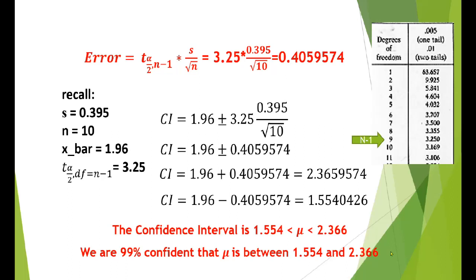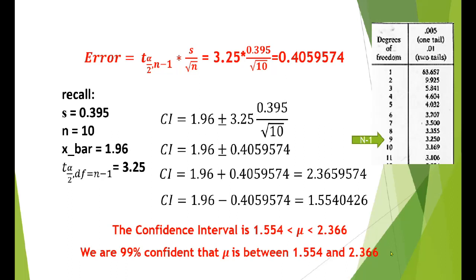The confidence interval, remember, is going to be plus or minus. It's going to be the mean of our sample, 1.96, plus the error on the right boundary and minus the error on the left boundary. So the confidence interval, this time with 3 decimal place accuracy, is 1.554 is less than the population mean, which is less than 2.366.